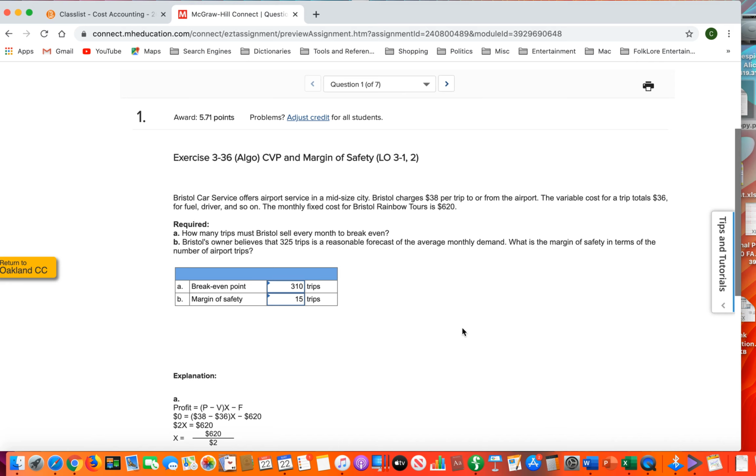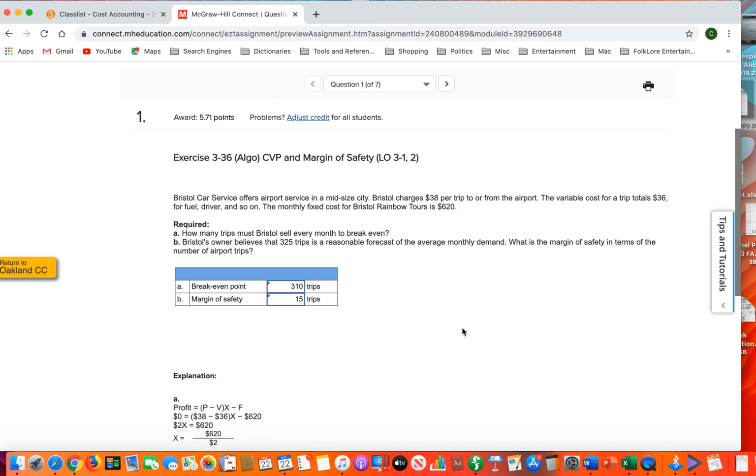And if it's price per unit minus variable cost per unit, then it's contribution margin per unit. Once you know the contribution margin per unit, you take the fixed cost and divide it by that contribution margin per unit. Again, not contribution margin, but contribution margin for each unit. And that will give you the number of units it takes to break even. Again, fixed cost divided by contribution margin per unit.